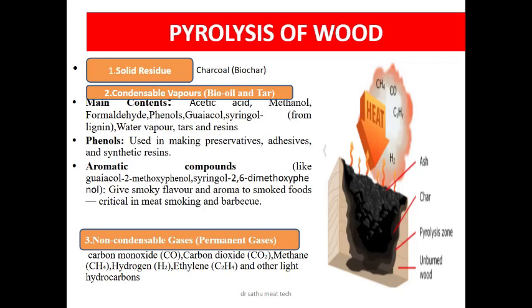Among the condensable vapors, the most important are the aromatic compounds, which give the smoky flavor and aroma. That is mainly contributed by the pyrolysis of the lignin, the phenolic compounds like guaiacol, that is 2-methoxyphenol, and syringol, that is 2,6-dimethoxyphenol. This gives the smoky flavor or aroma to smoked foods, which is very critical in meat smoking and barbecuing.